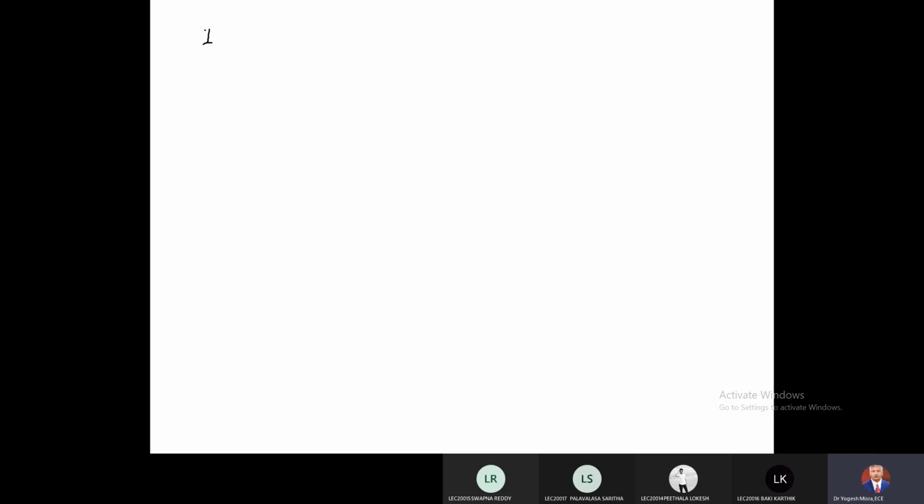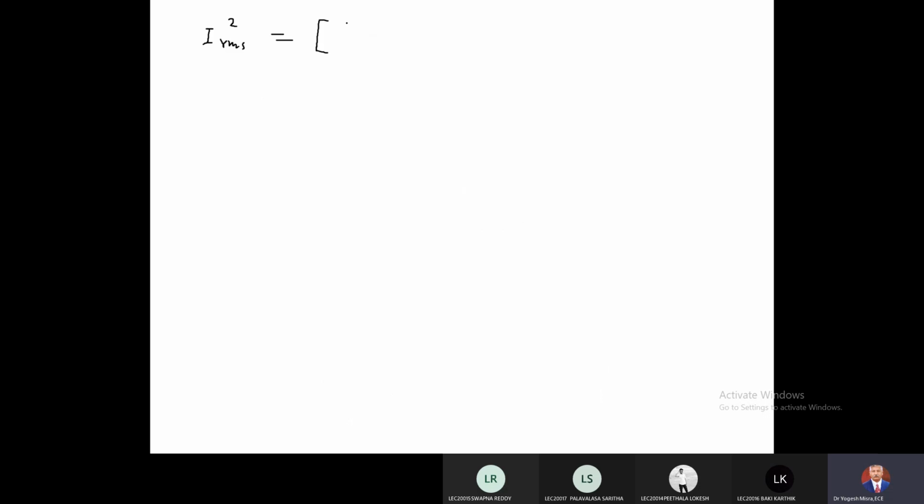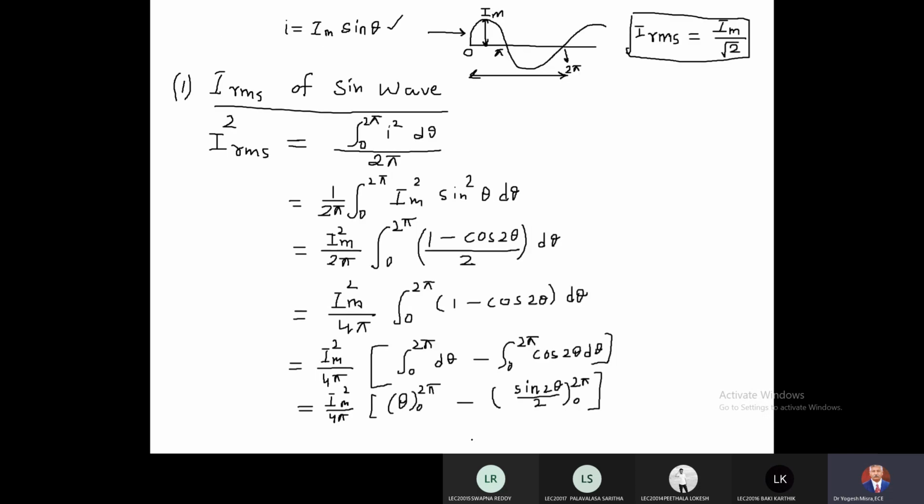So this IRMS square is equal to, come to the first term, theta with limit 0 to 2 pi. So this will be 2 pi minus 0, right? Then minus, the second term, 1 by 2 I will take common.